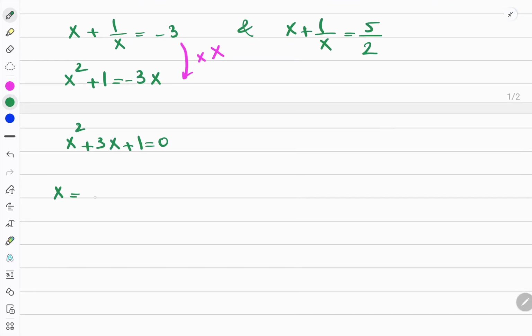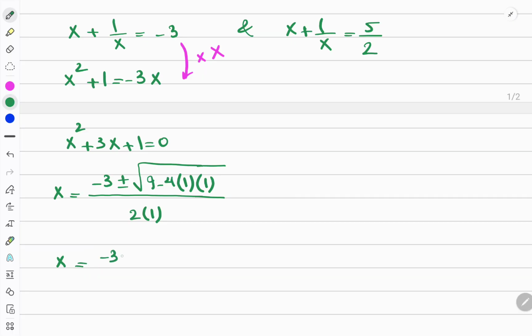And according to this formula, negative b plus or minus the square root of b squared minus 4ac over 2a, so x is negative 3 plus or minus radical 5 over 2.